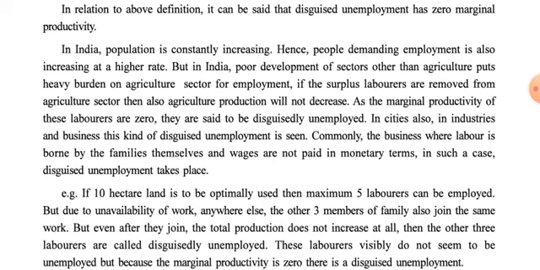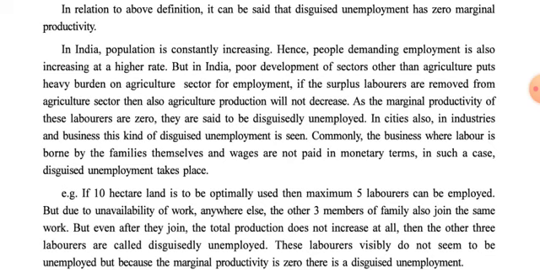So first of all, we discussed that people demanding employment is increasing at a higher rate because of the high population. But in India, poor development of sectors other than agriculture puts heavy burden on the agriculture sector for employment. As we can see from the data given by the Planning Commission, at the time of independence there were 72% of the population dependent on agriculture.